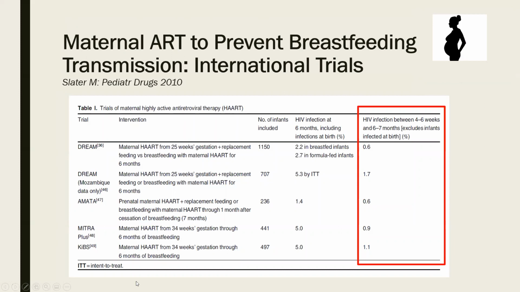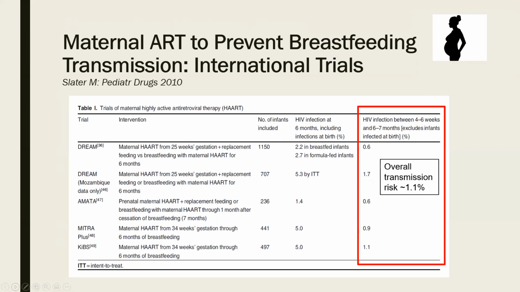This slide really gives you an idea of what kinds of rates of breastfeeding transmission are out there. It's an older publication, but this is a smattering of some of the major studies in Africa, which have looked at breastfeeding transmission. And overall, the transmission risk is about 1.1%.